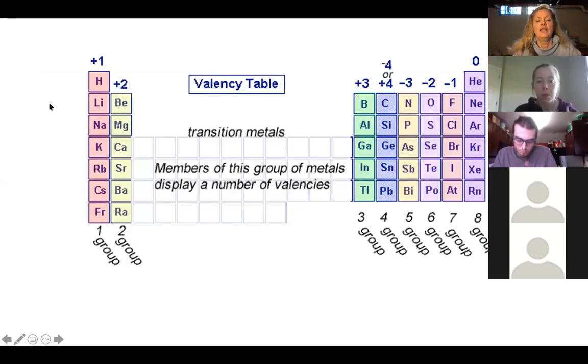All right, so you can think of these in column 1 as being the +1 ions in ionic bonds, and you can think of these over here, fluorine, chlorine, bromine, iodine, as being -1. Okay, they all tend to gain an electron. And these over here are what we tend to call the more electronegative atoms, and these are more the electropositive.